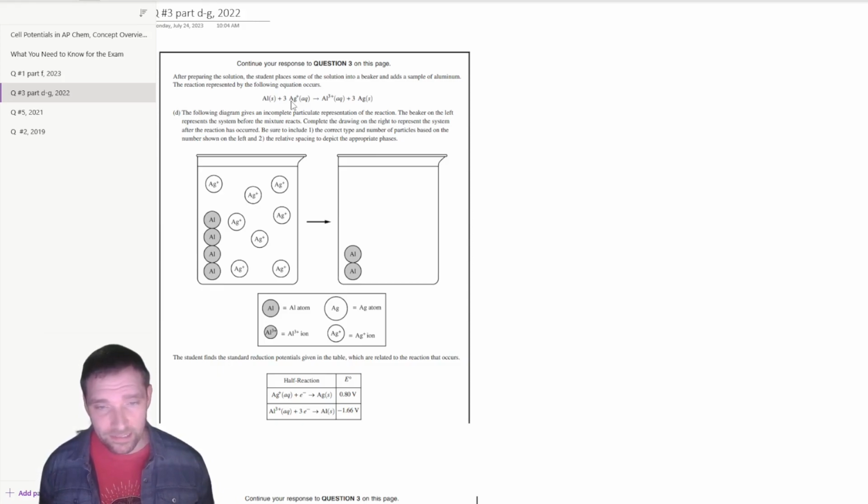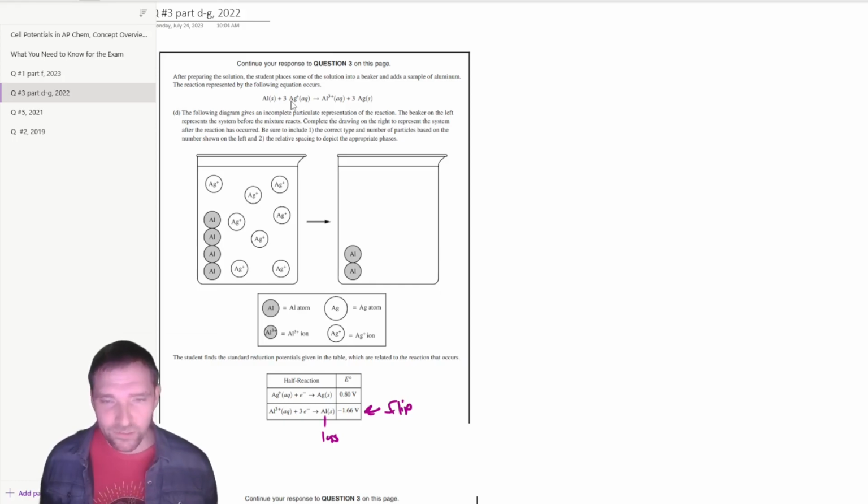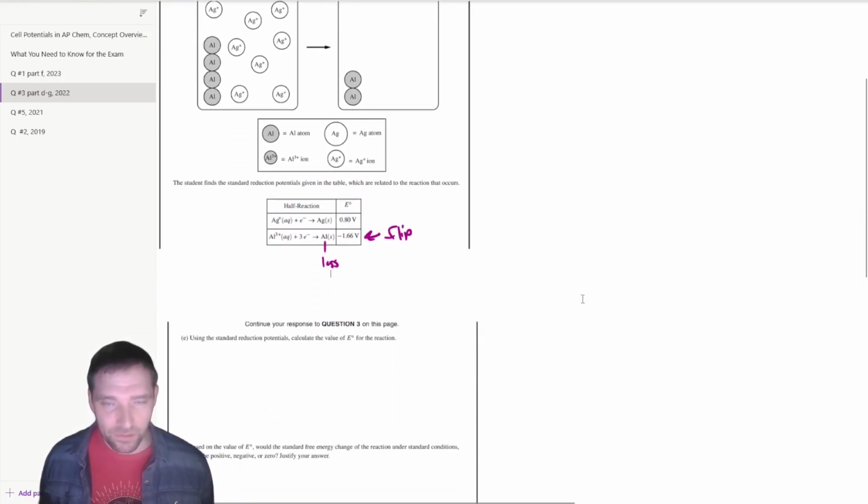So you can kind of see that there is aluminum turning into this. So I think we're going to need to flip this one just by seeing that there's less of this, and so we're not forming more of it. If you were to run electricity through this, you might be able to form some more of it, but that's not what we're looking at right here.